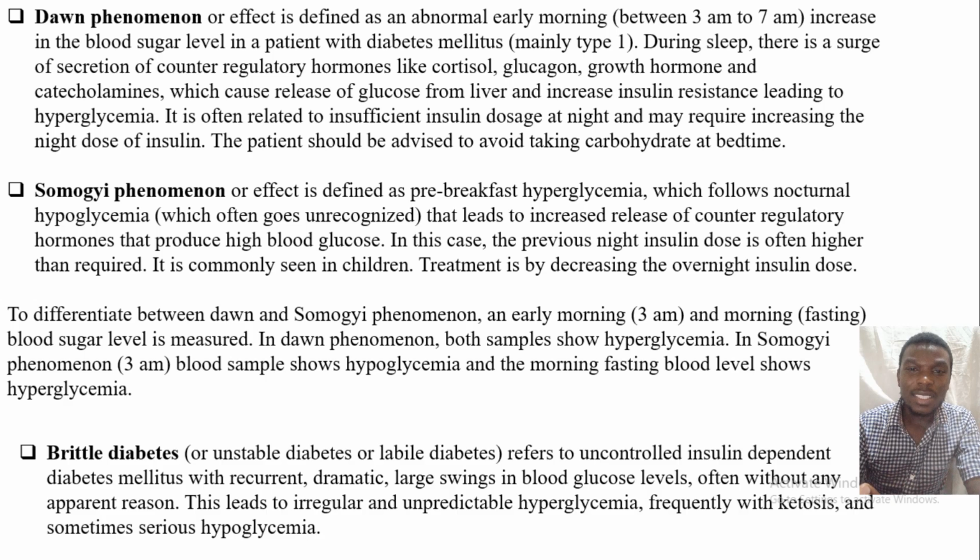Normal people without diabetes also have this phenomenon, but because they have good sugar control, even if there's an increase in glucose levels, their body is able to bring it back to normal ranges by the time they wake up.